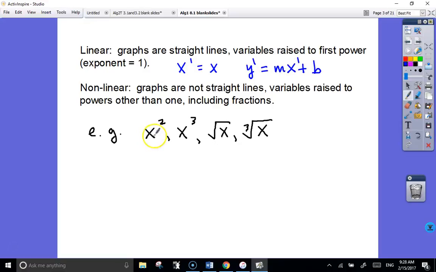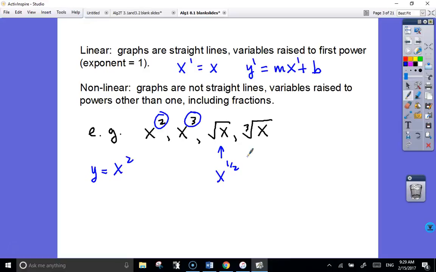When you start adding exponents like 2 and 3, then if we graph something like y equals x squared, it's not going to be a straight line anymore. Neither will x to the third. And even the square root of x could be written as x to the 1/2. So it has an exponent, and it's not 1, so it's not going to have a straight line graph.